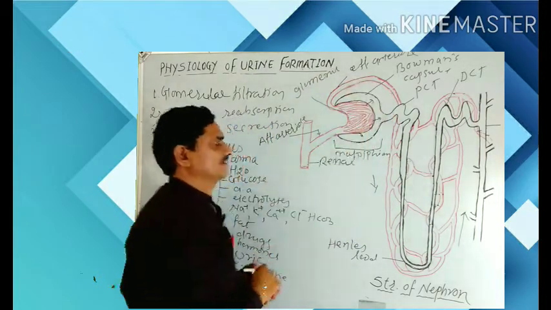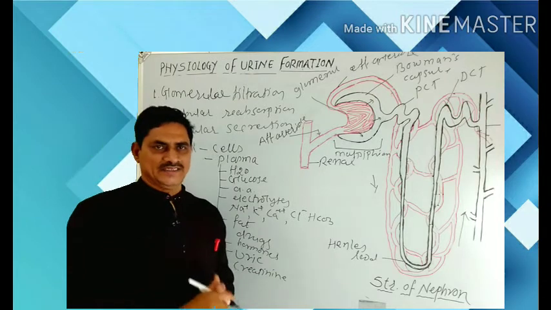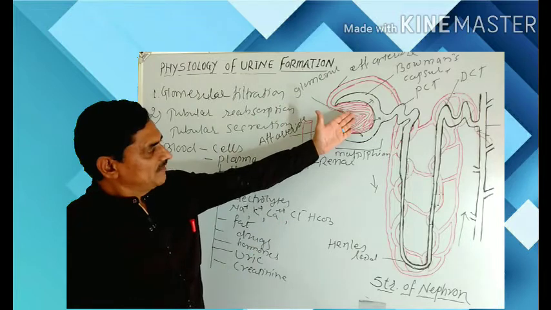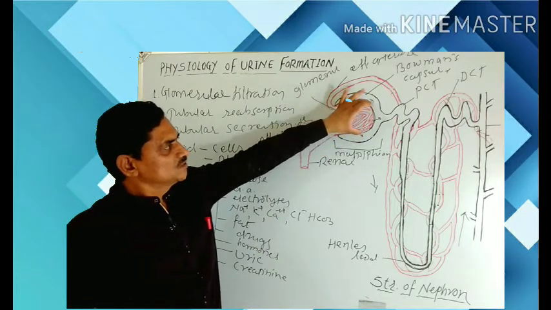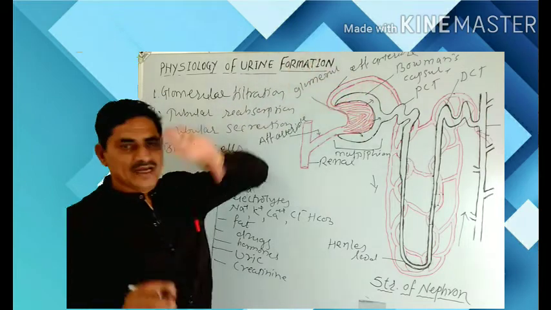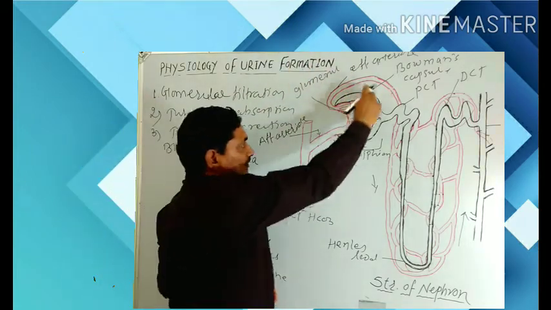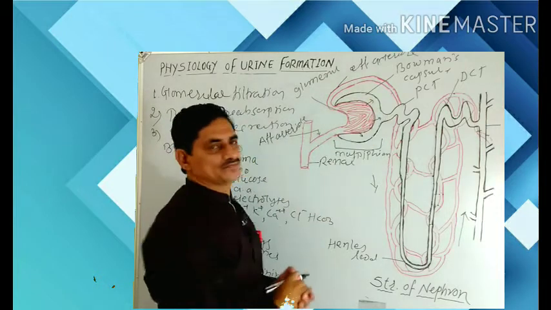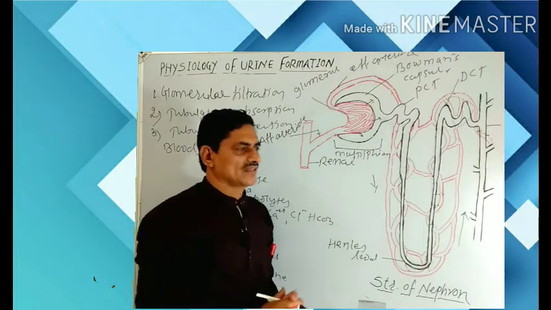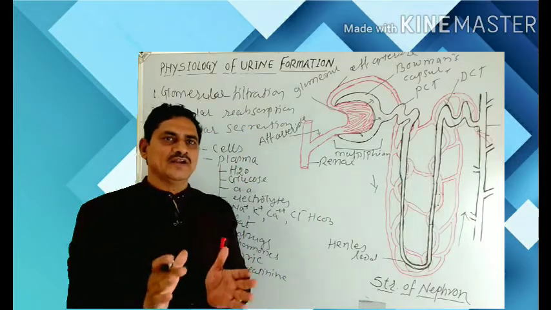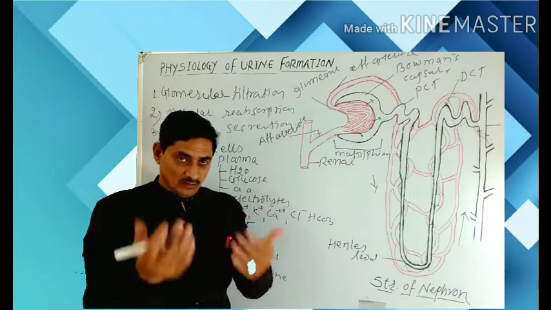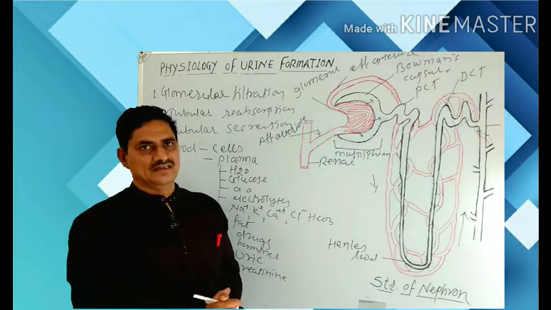This space is called the renal space. The filtration of plasma along with the solutes dissolved in the plasma accumulates in the renal capsule or renal space. This is called the renal filtration, or the glomerular filtration.